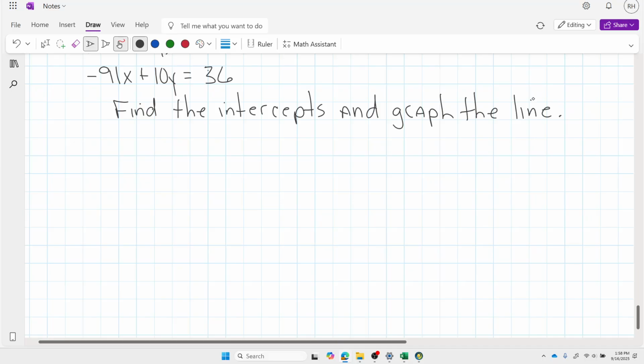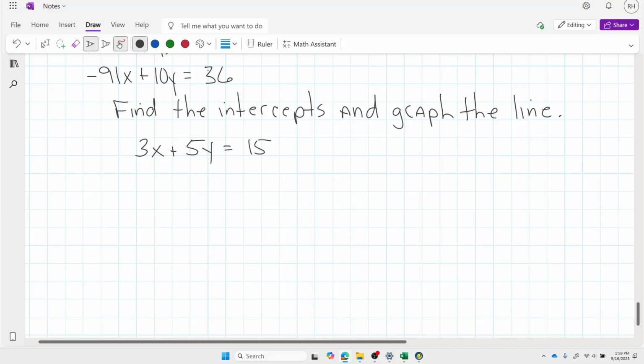And this is one thing that's really nice about standard form, is they're very simple to graph. So if we've got 3x plus 5y is equal to 15. Finding the intercepts means find out where this line hits the x-axis and the y-axis.